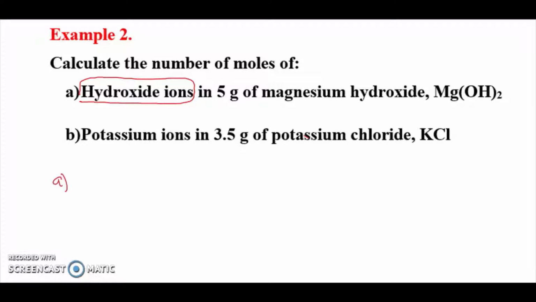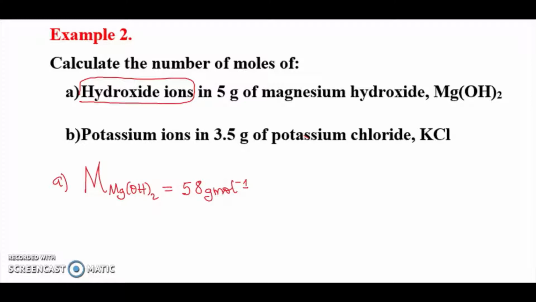A. The molar mass of magnesium hydroxide. Now if you calculate the molar mass of magnesium hydroxide, you will have 58 gram per mole. That's it.